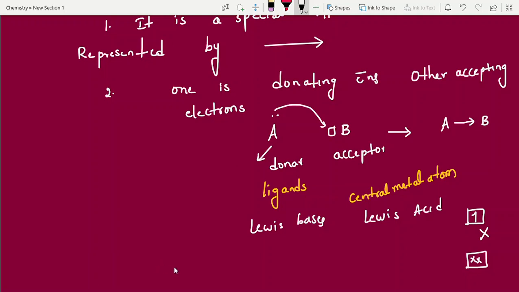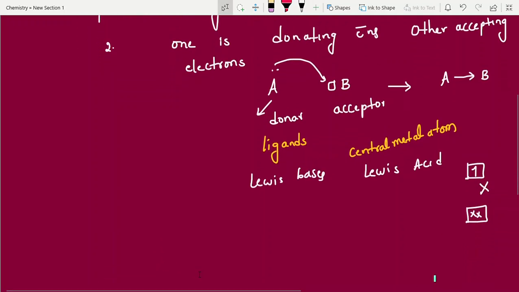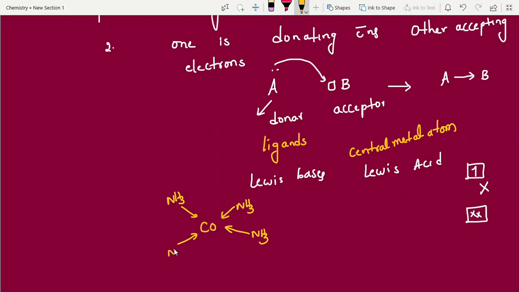I am showing one example here, students, to understand better. Suppose the central metal atom is cobalt. Around cobalt, some ligands are there: NH3. NH3 in an octahedral arrangement, each NH3 donating electrons like this. First square planar, after that you can write the bipyramidal positions; you can write other ligands or the same ligands, your wish.